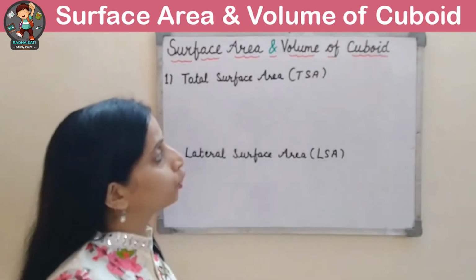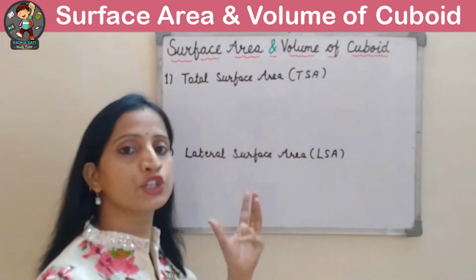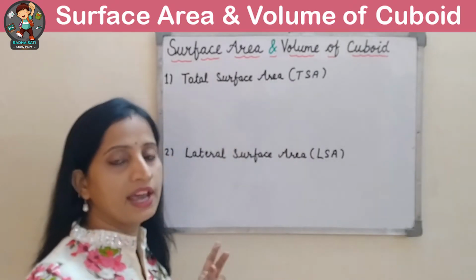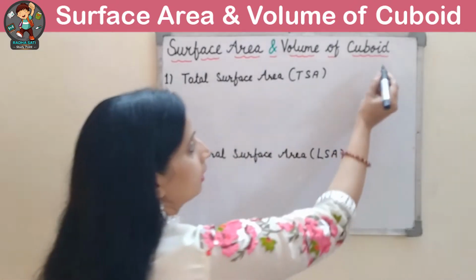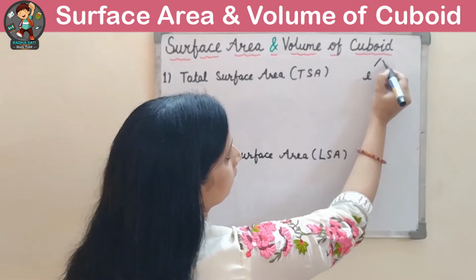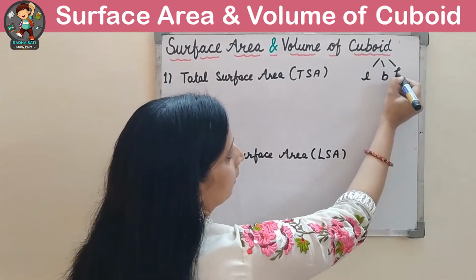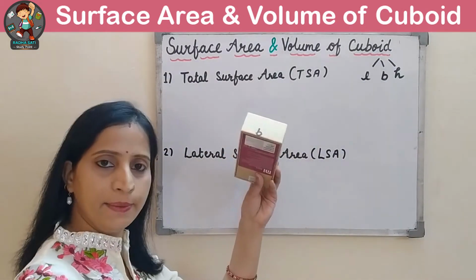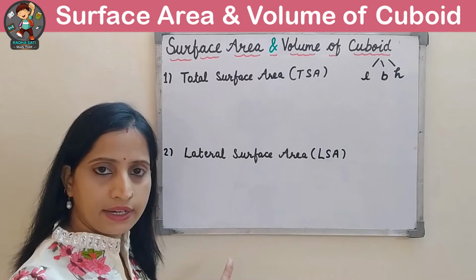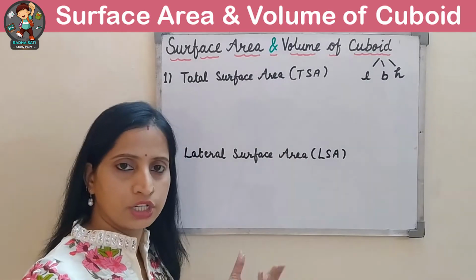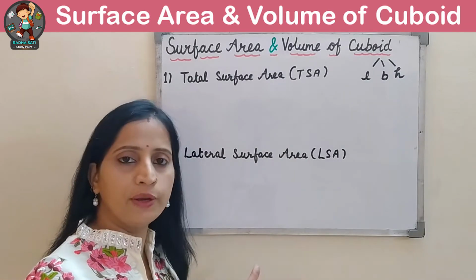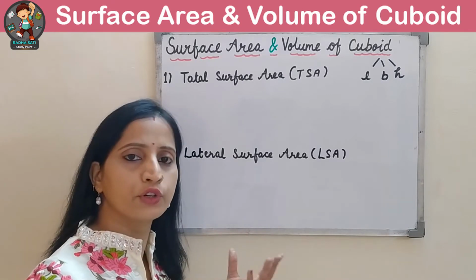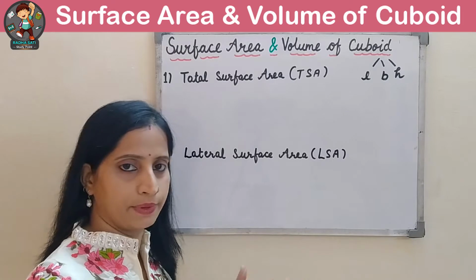Okay? So, cuboid is a 3D shape or a three-dimensional solid shape having three dimensions, that is length, breadth and height. Examples of cuboids are any box, brick, a textbook, geometry box, tiffin box and so many things you can find at home which are cuboid in shape.